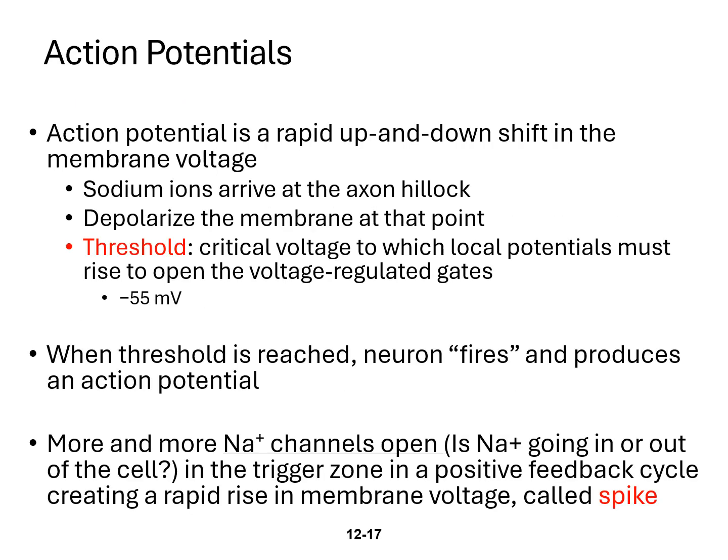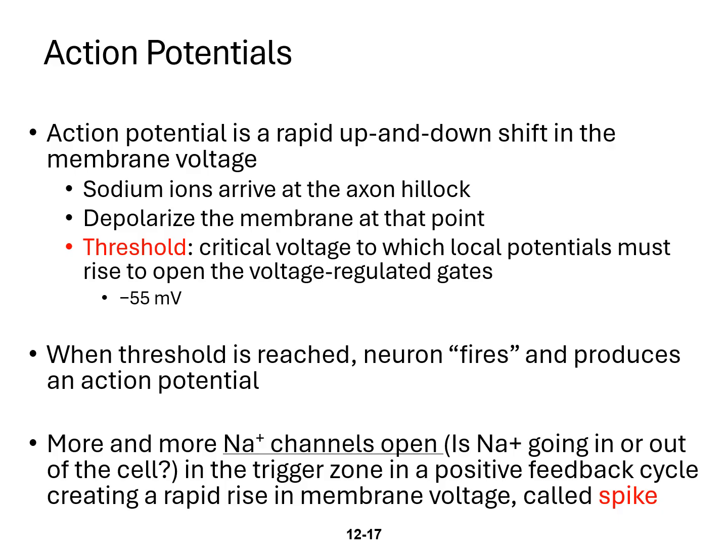Action potential is a rapid up and down shift in membrane potential. Sodium ions arrive at the axon hillock, depolarize the membrane at that point. That opens voltage-gated ion channels, and if it's at threshold, which is -55 for this hypothetical cell, it's going to create an action potential.